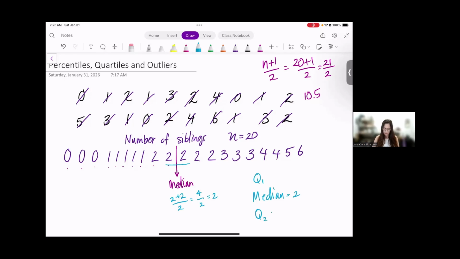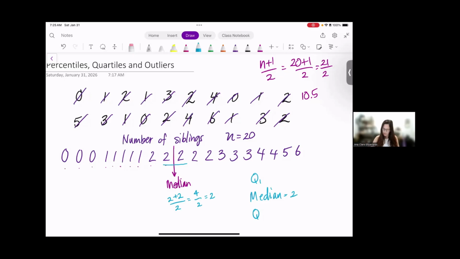The lower quartile, or quartile 1, is going to be the median of the lower half, and the upper quartile is going to be the median of the upper half. In this data set, in the lower half, I have 10 values. So again, if I do n plus 1, that's 10 plus 1 divided by 2.